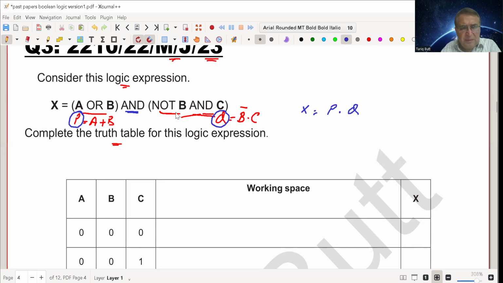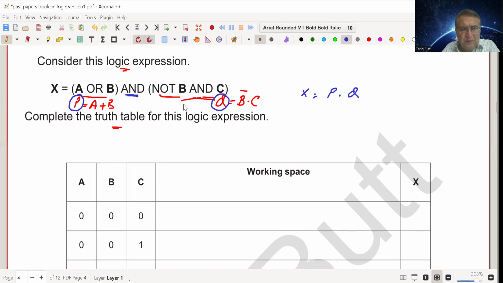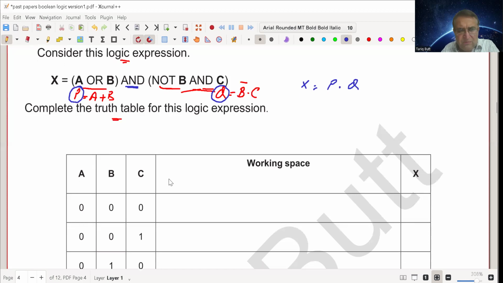This is P, this is Q, and so let's say now we draw the truth table. First of all, if there is some NOT, for instance NOT of B or B prime, you draw a column for B prime.